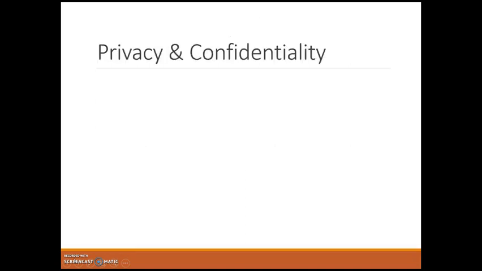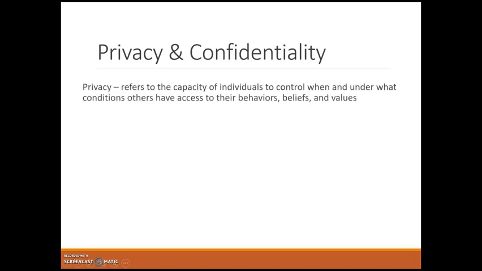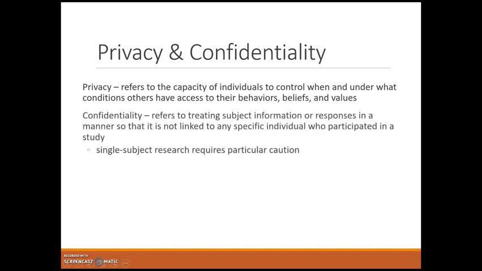Another area of ethics is the need for privacy and confidentiality. To provide privacy just means that you're going to allow individuals to control when and under what conditions others have access to their behaviors, beliefs, and values. Confidentiality refers to treating subject information in a manner so it's not linked to any specific individual.